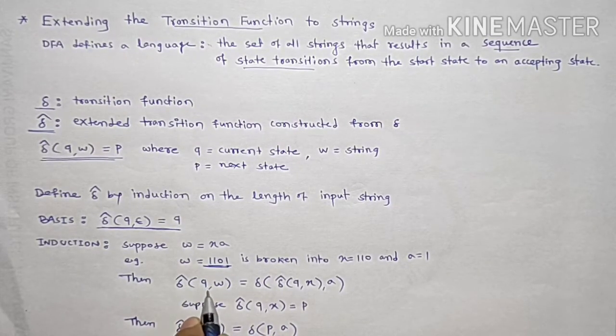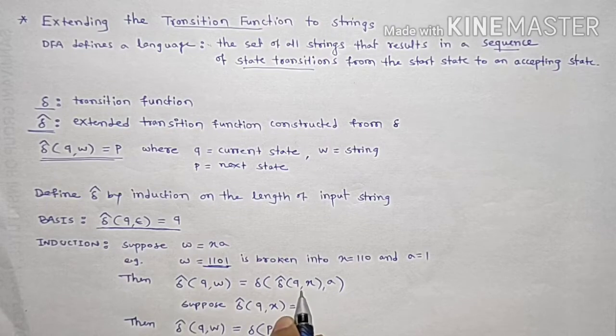So delta cap of q on w is equal to delta of delta cap of q on x, comma a. That is, for computing the extended transition function for the string w from the state q, we first need to compute the extended transition function for the string x, which is the prefix of w, which results in some state.